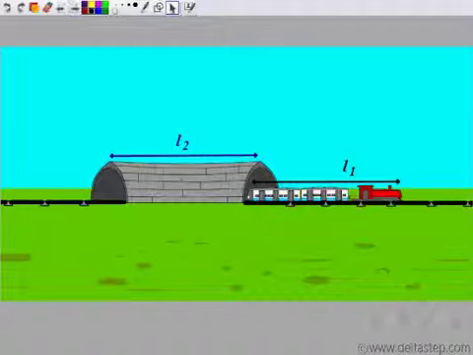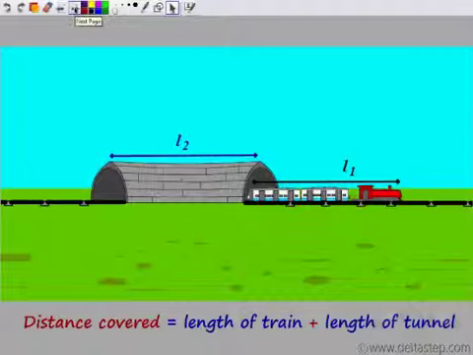So what we see is that when a train crosses a tunnel, the distance covered is nothing but the length of the train plus the length of the tunnel. Now this holds true for a bridge also. Even if it has to cross a bridge, the distance covered would be equal to the length of the train plus the length of the bridge. So now can you solve this question?